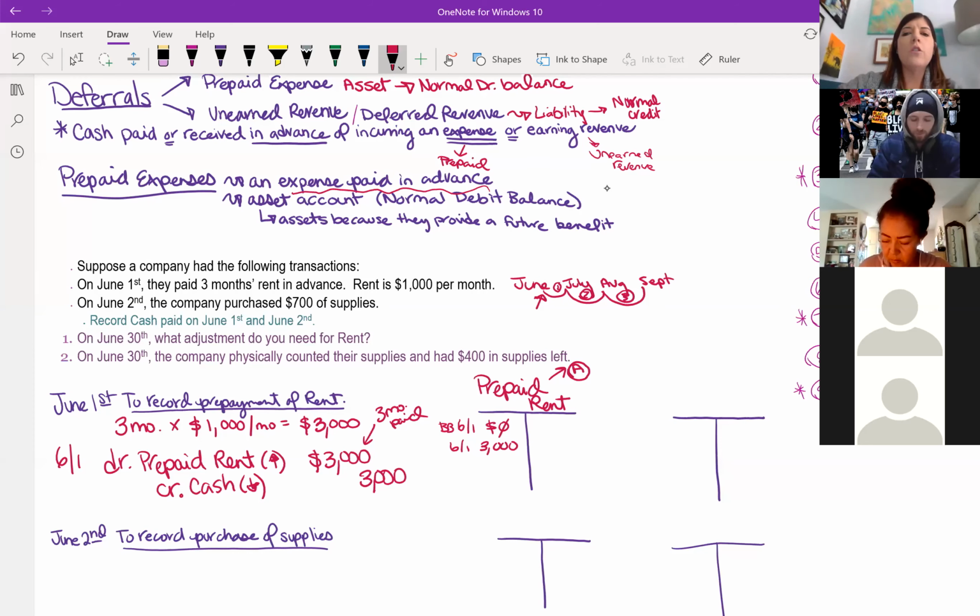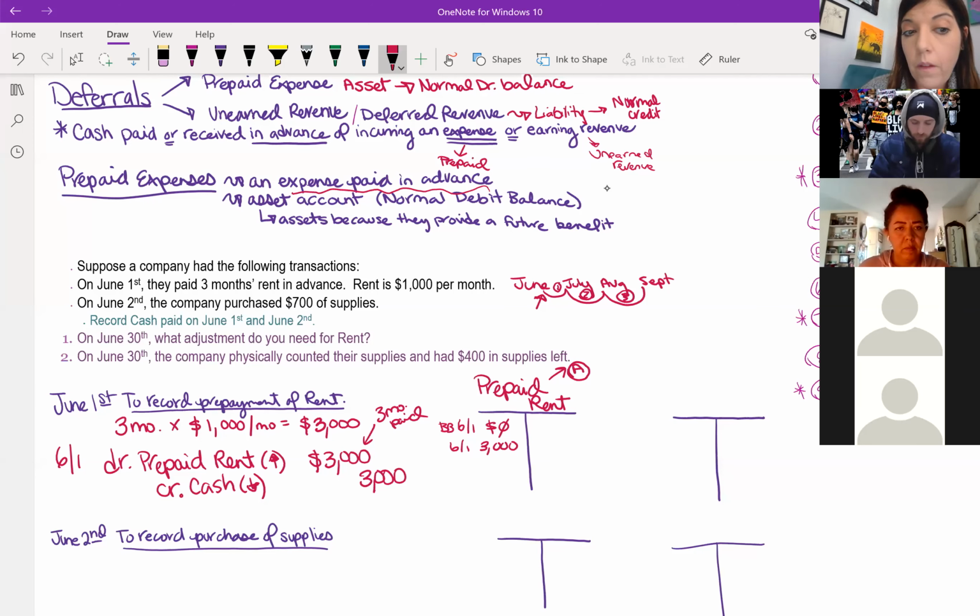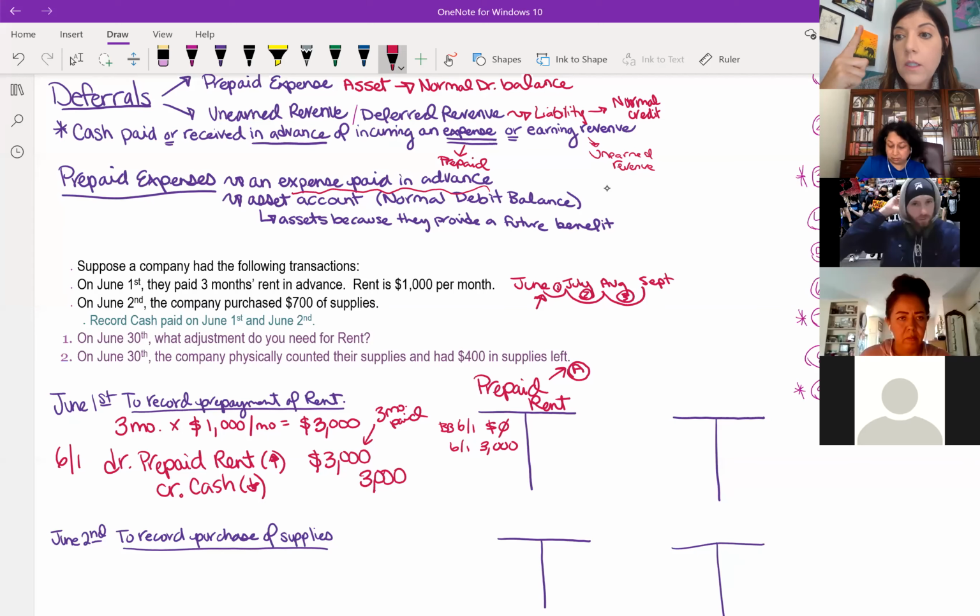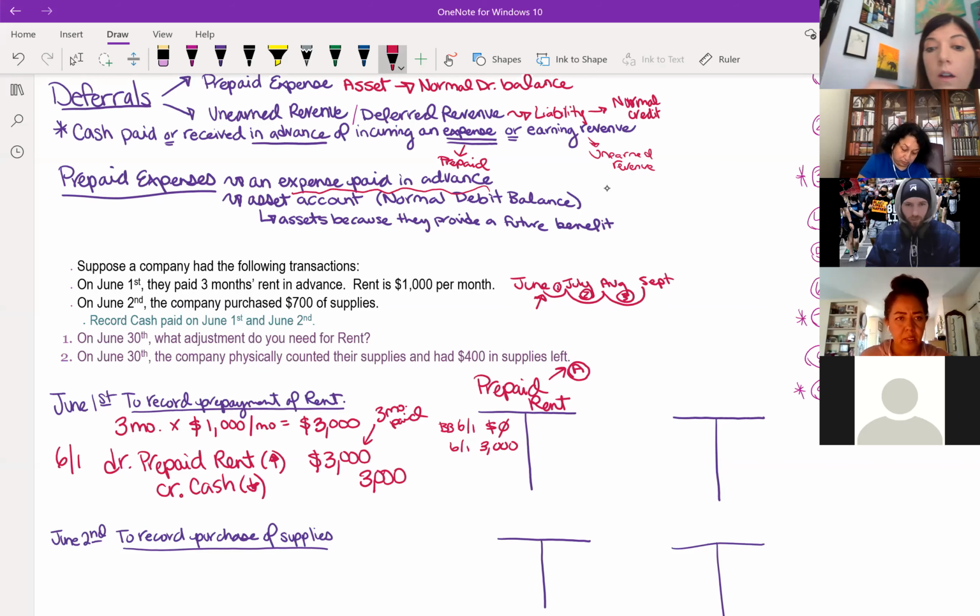On June 2nd, the company purchased $700 of supplies. So what are the 2 accounts that are impacted? Supplies and cash. Both of them are assets, correct? Supplies is going to increase or decrease? Increase.